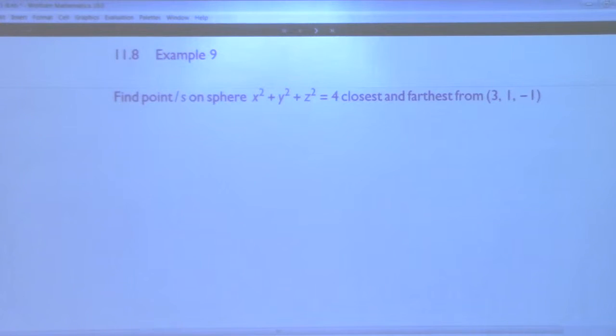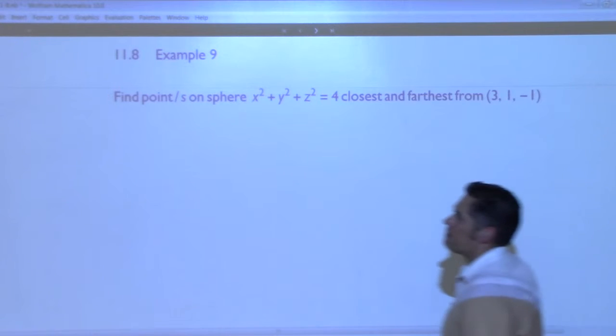Since it's the sphere with radius 2, what I do is I find the vector from the origin to that point, and then multiply that vector. I would basically find the constant that I need to multiply that vector by to get that vector's magnitude equal to 2.